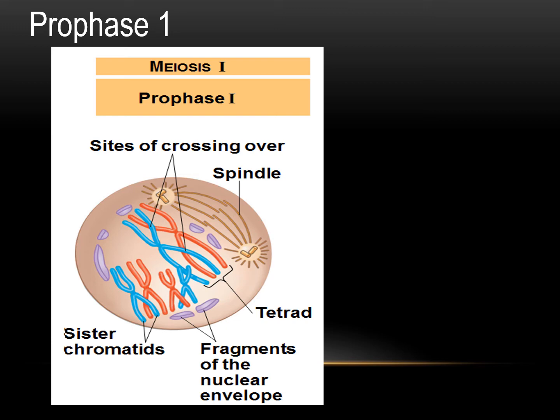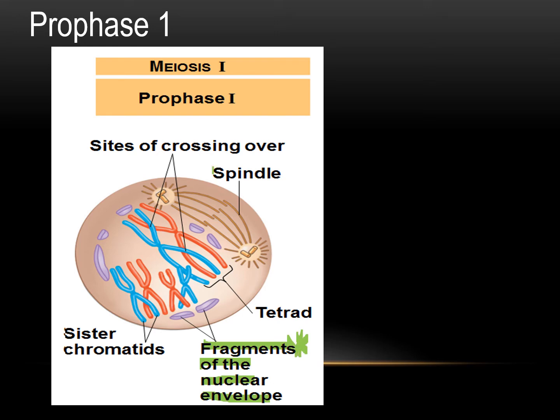The first thing we notice is that your nuclear membrane and your nucleolus start to disappear. Fragments of the nuclear envelope are labeled in this diagram, and we can see that they are breaking up, and that's why they are called fragments.